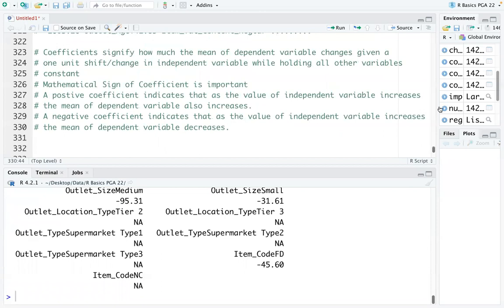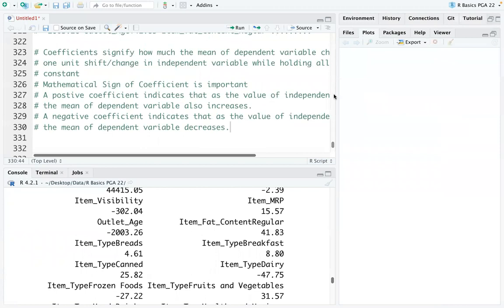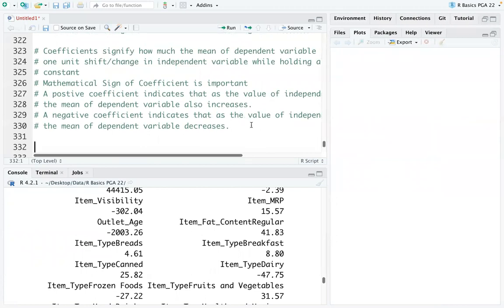So, like I told you, visualizations are also there in regression. The residual visualizations are also very important. So the residual plots, also called as the regression plots, are very important.